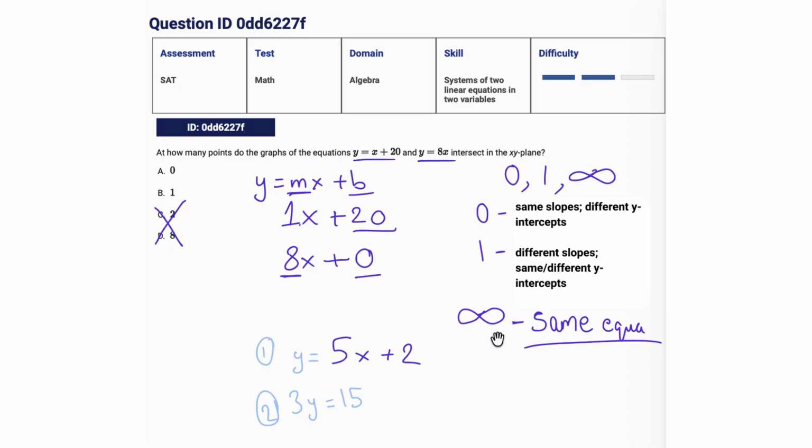Let's solve the question now. We're going more into theory here and the rule. So these two equations have different slopes. Immediately, you can say it's one intersection, all right? Now I'm going to show you how to solve this using Desmos.